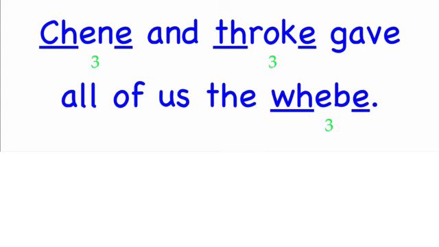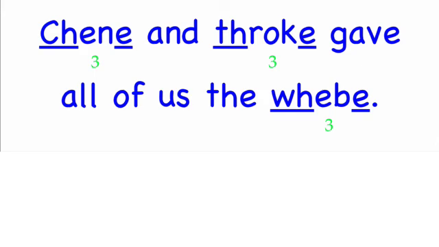I didn't tell you that this word has a consonant team because there's only one way to represent that sound in English. Well, actually, there are two ways. You can use CH or TCH. But since we can't use TCH except after a short vowel, there's only one way you can spell this word, and that is CH. So since there's no other way to spell the word, I don't need to give you any special clues. The same with throke. The first sound in throke is th. And yes, that's a consonant team, but I didn't mention that to you because there's no other way to represent that sound in English except TH.